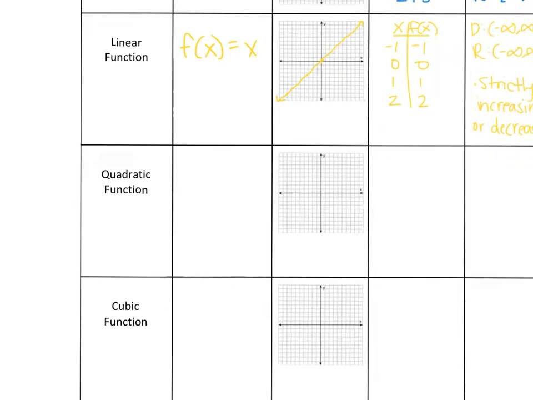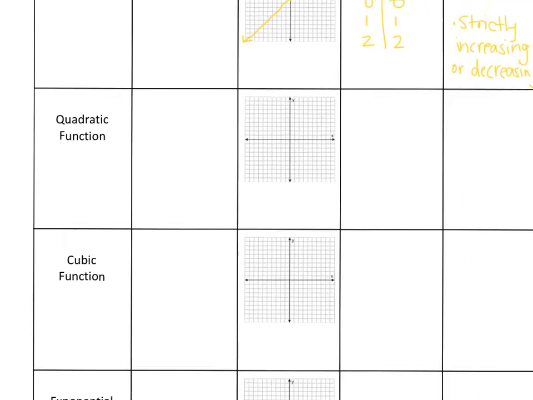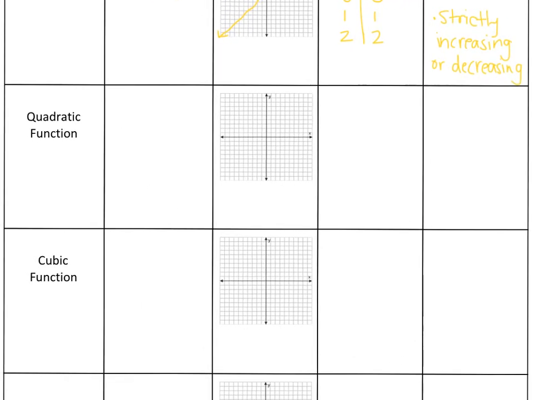The next function that we want to talk about is a quadratic function. Quadratic functions start out in Math 1, you get them in Math 2 and 3, and now again in 4. The parent function is just x squared, and what it looks like is a U. This is definitely a sketch, those are not going to be exact values.